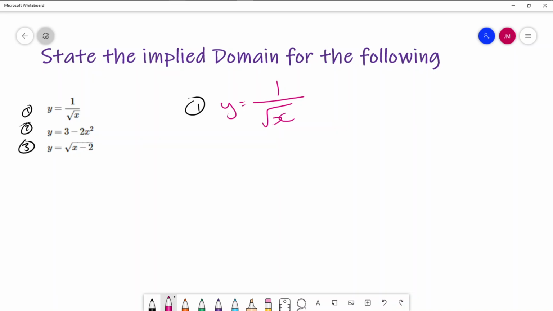So this tells me that x must be a positive real number. It doesn't have to be whole, it can be decimals, but as long as it's greater than 0. So the implied domain would be from 0, not inclusive, to infinity. Or we could just write it as x belongs to the positive reals. Both of these are acceptable answers, just two different types of notation.